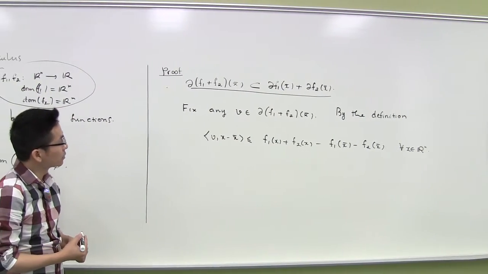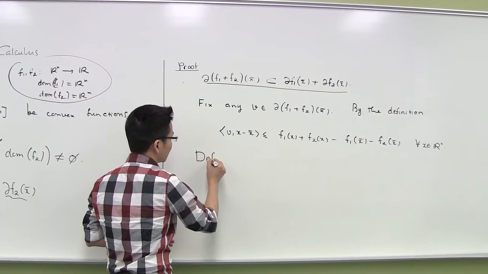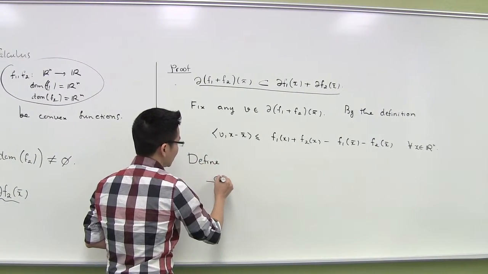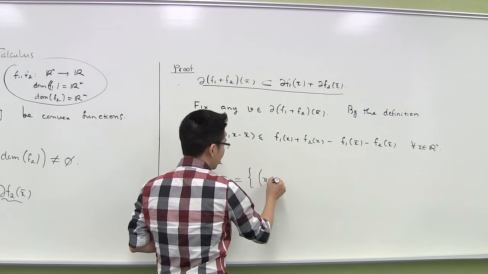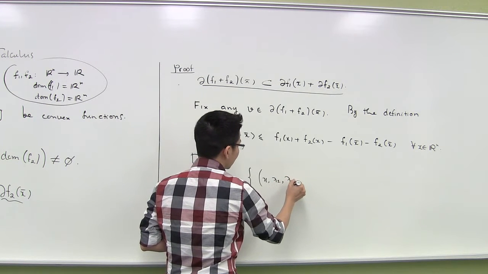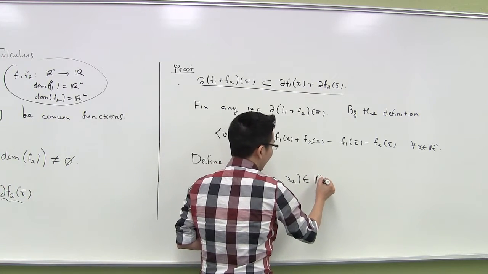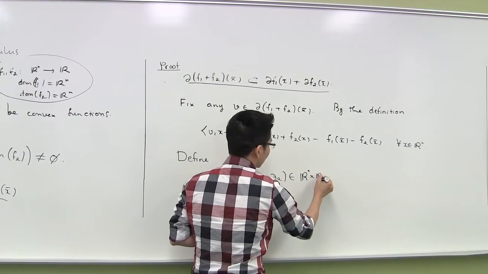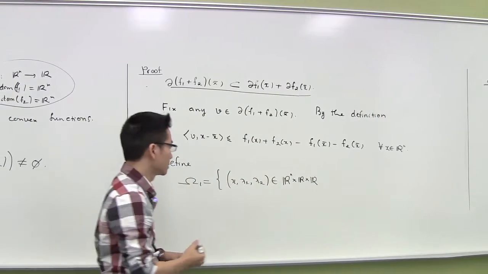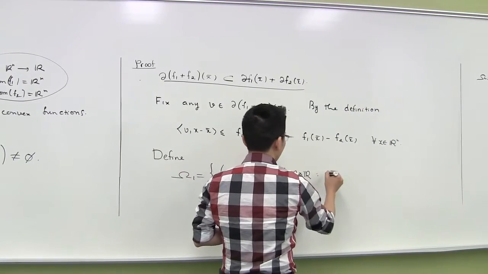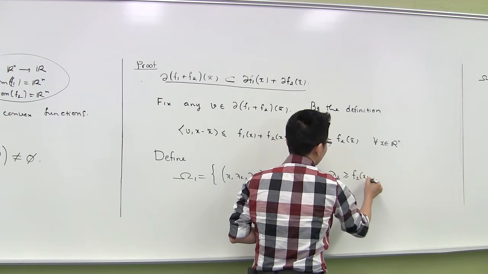To continue the proof, we define the following sets. Define omega 1 as the set of all (x, lambda 1, lambda 2) in Rn times R times R, or Rn plus 2, where lambda 1 is greater than or equal to f1 of x.